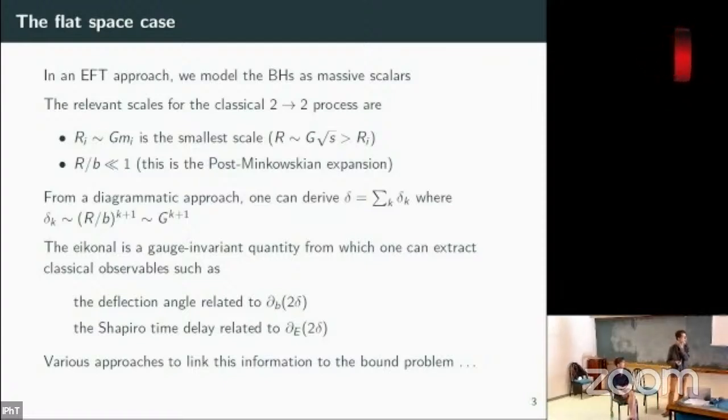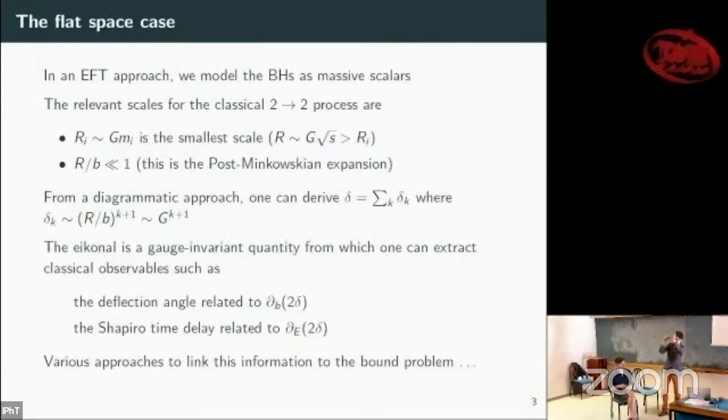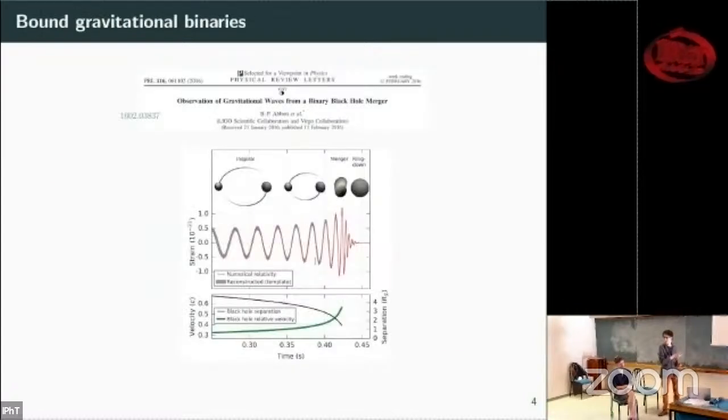I mean, I don't find it that surprising, because these scattering geodesics probe distances that are relevant for the bound object, right? They get close enough. It's just that they have too much energy to be bound. Think about this bending: where most of the action goes on is the same kind of distance that is relevant for the inspiral phase.